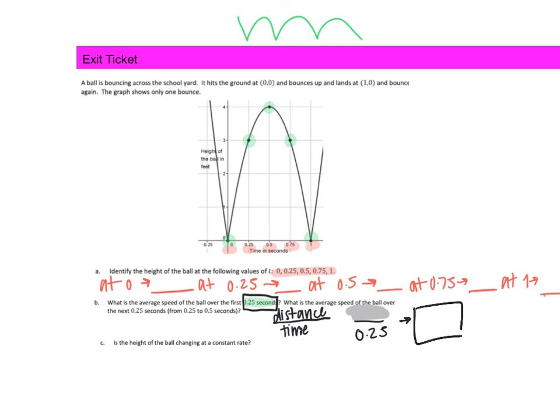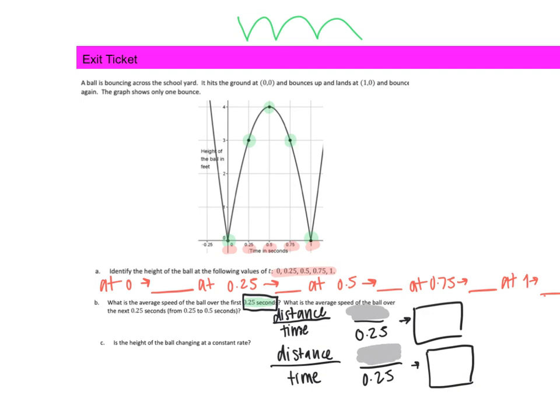And then it says, what's the average speed of the ball over the next 0.25 seconds? So you'll do this twice, for the first 0.25 seconds and the next 0.25 seconds. You should notice that it's not constant.